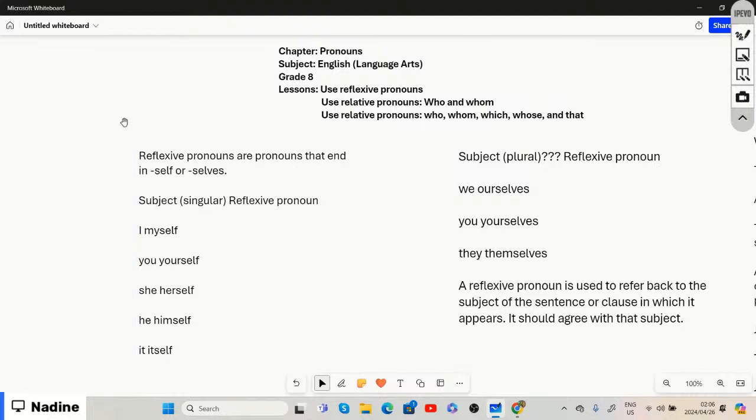All right. So when it comes to reflexive pronouns, we have singular subject reflexive pronouns, and then we have plural subject reflexive pronouns, right?